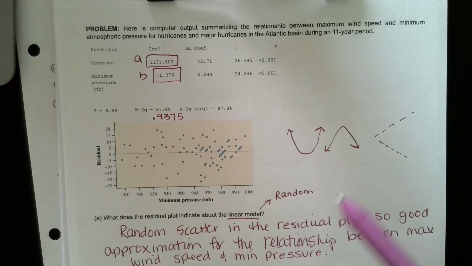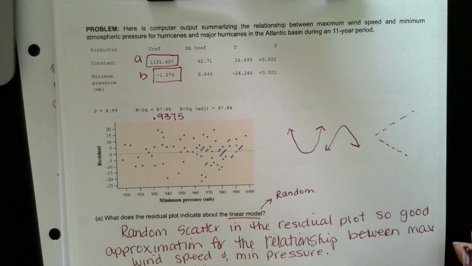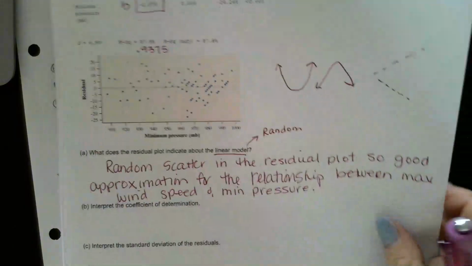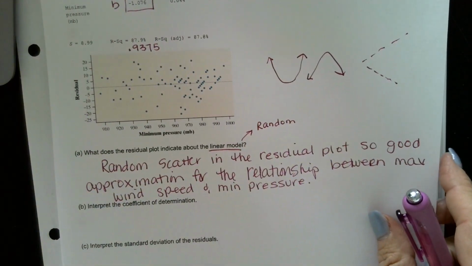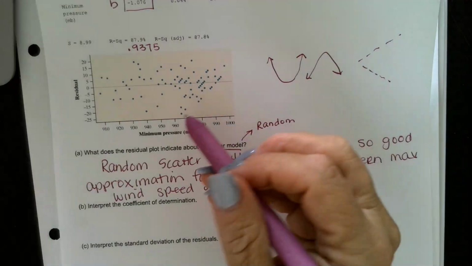All right, so if we saw one of these patterns, then we would say that it's not a good residual plot, so it's not a good approximation, it's not a good least squares regression line, but because it's random, then it is.